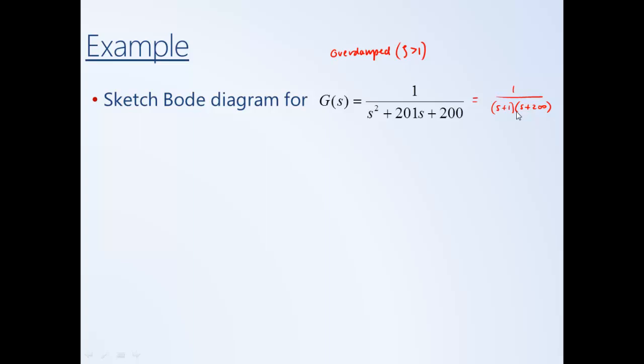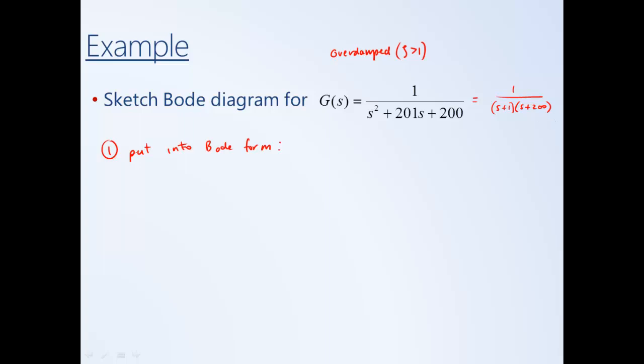So in order to sketch the Bode diagram of this example, the very first thing we need to do is to put the system into Bode form. And by inspection, we can see that it currently is not in Bode form, because of this term. We're looking for something that has the form ts plus 1, where here we don't have plus 1, we have plus 200.